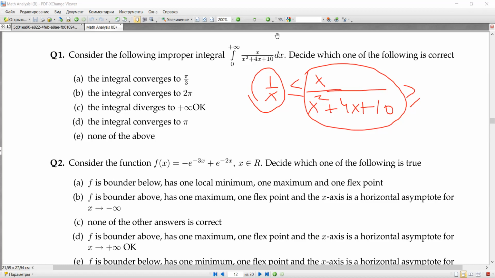No, here, no. Here we can do, for example, this one, show that this one is greater than some kind of function which does not converge, where it diverges. For example, we need to show this one is greater than or equal to any other function. So, for example, here we can add x squared plus 4x plus 20, let's say. Will it be greater than this one? I mean, is the left side greater than the right side? Okay, say?